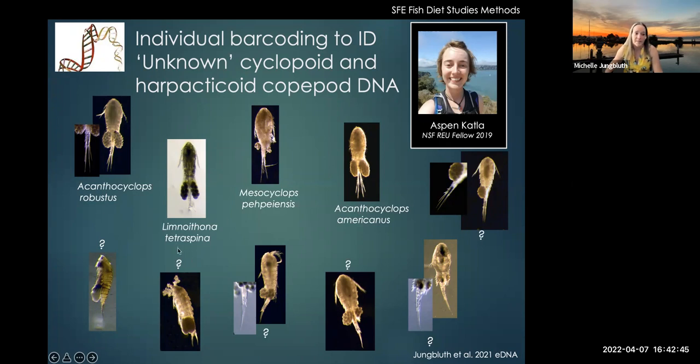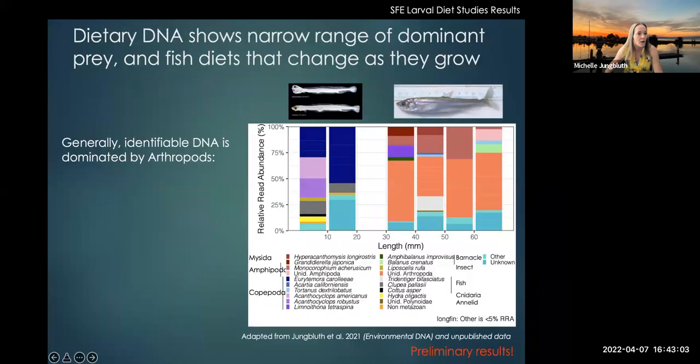One of the important ones is Limnoithona tetraspina, which tends to be super abundant. So that was a win for individual barcoding. That's just a shout out that we need to continue doing more individual DNA barcoding and make that available publicly for people to be able to categorize this unknown DNA.